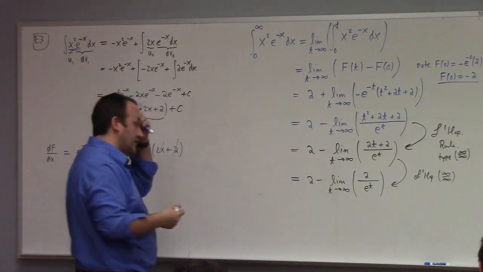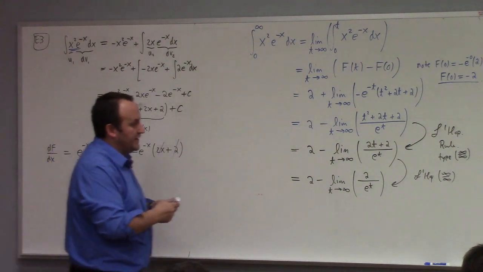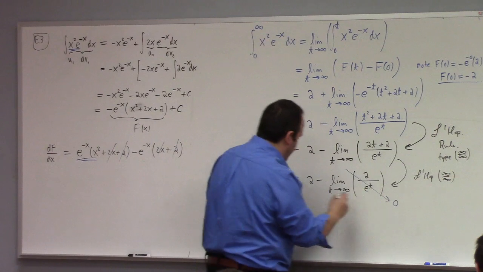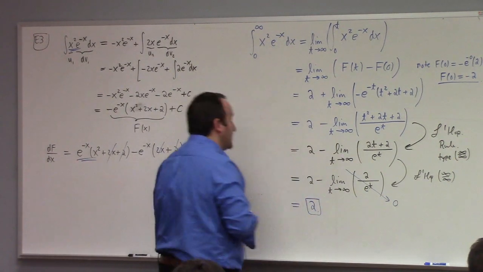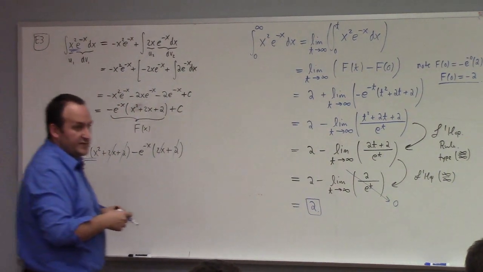So again, applying L'Hopital's rule, differentiate the top, differentiate the bottom, and we get 2 over e to the t, at which point we have removed the indeterminacy. L'Hopital's rule has served us well. It has revealed that this limit that was left over actually tends to 0, and the answer is 2. So this integral, the integral from 0 to infinity of x squared e to the minus x, converges to 2.